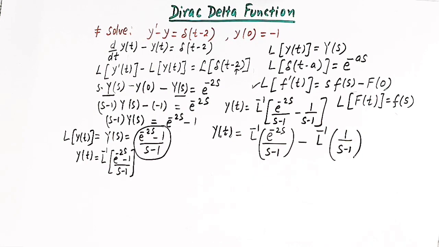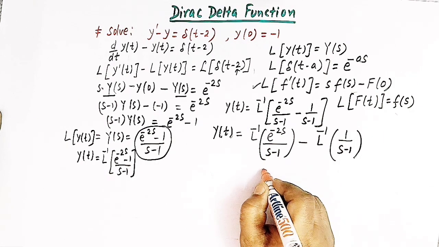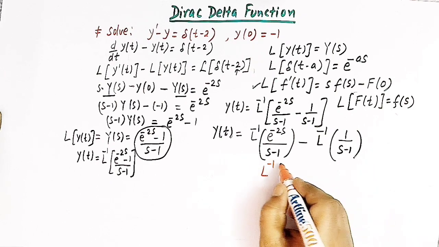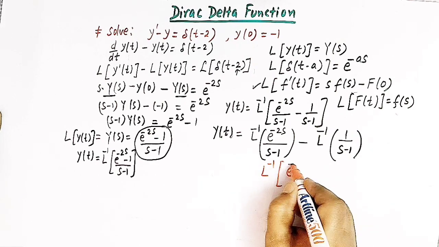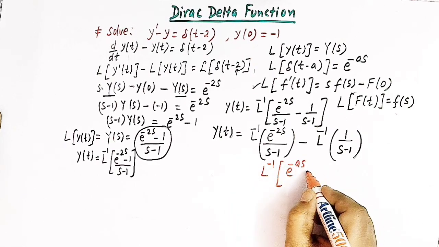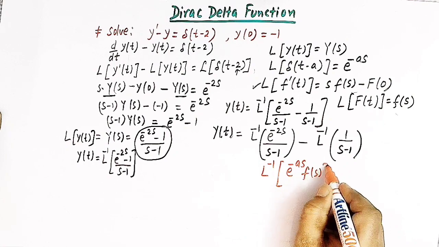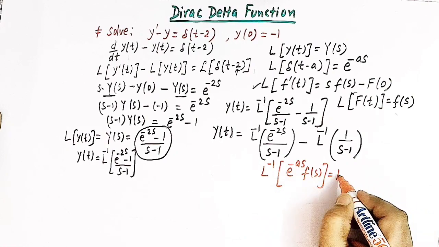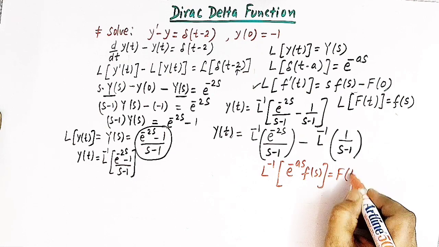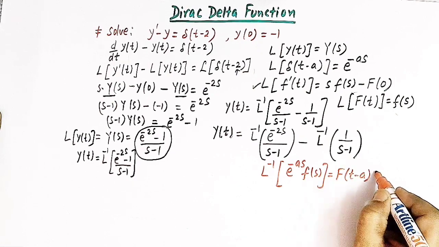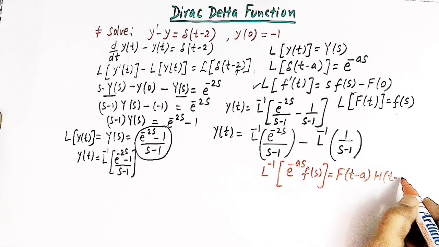Now let us use an important result from inverse Laplace transform. We know that the inverse Laplace transform of the function e raised to minus as times F of s is given by the product of the function f of t minus a and h of t minus a.